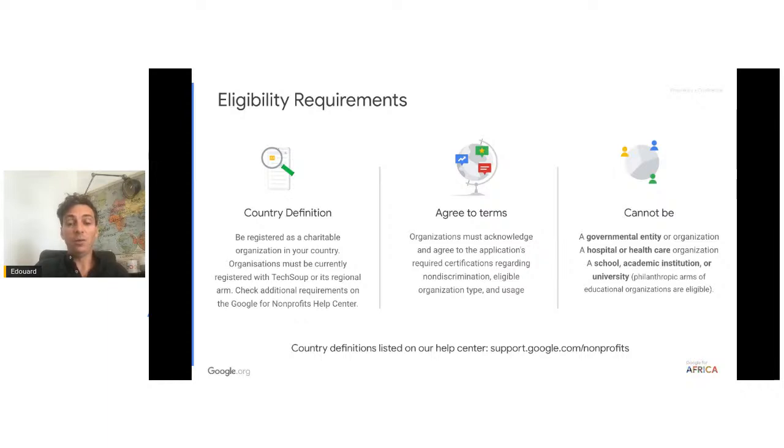You also have to be registered as a nonprofit or a charitable organization in this country. So status varies among countries, and throughout the process, you will get connected with one of our partners, like TechSoup, to validate that your status is fulfilling the requirements. You will also have to agree with the terms of the program. And until now, it is open to nonprofit organizations only.